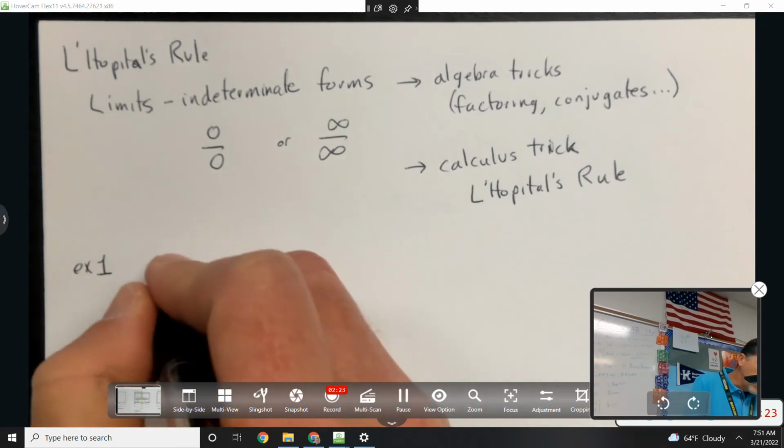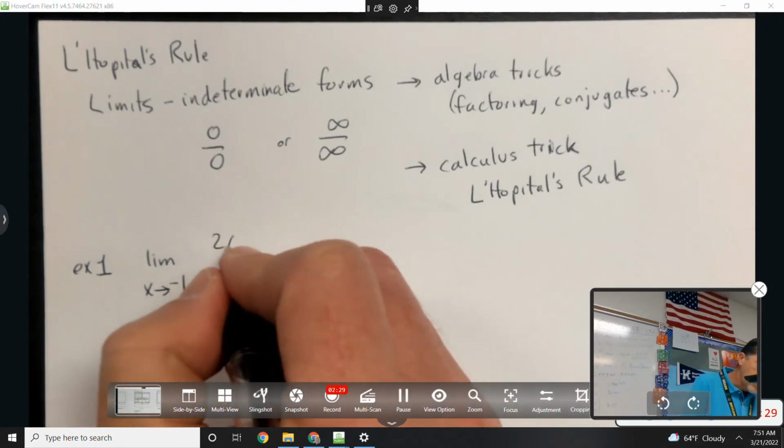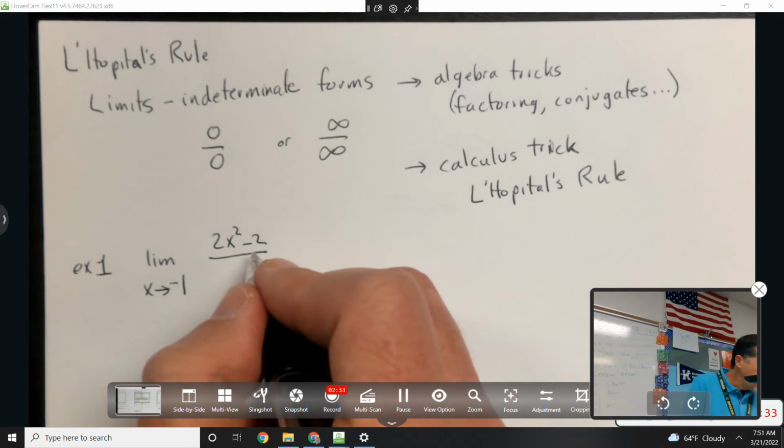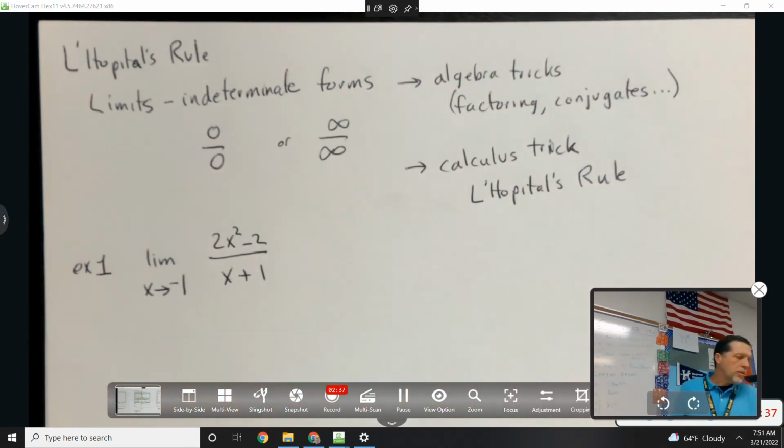Let's do some old limits just to remind ourselves what we're dealing with here. Limit as x goes to -1 of 2x squared minus 2 over x plus 1. What's the first attempt with every limit?